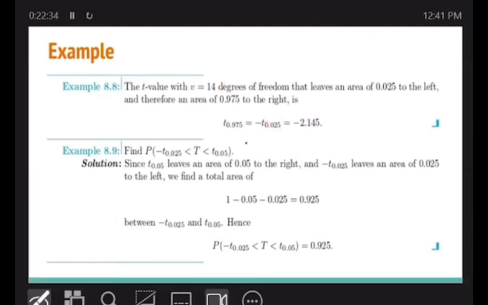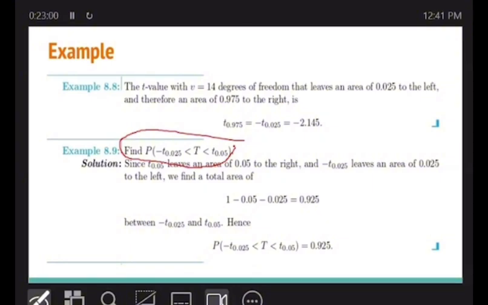Now, that is how that is done. Now, what if they ask you to find this? Find the probability that T lies between this and this. If I want to find this now, T is 0.05 leaves an area of 0.05 to the right, and the other leaves an area of 0.025 to the left.